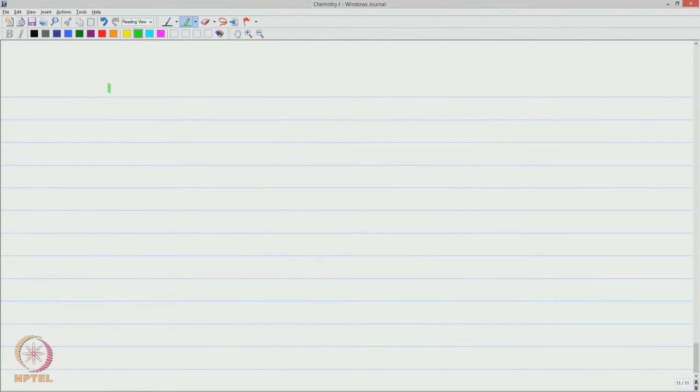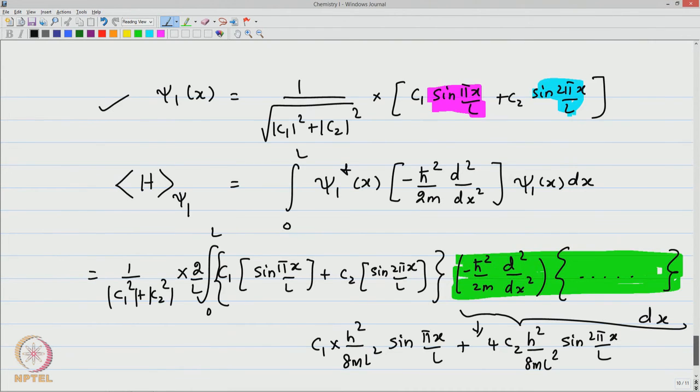Therefore, the expectation value E is now only given by this term multiplying this term, and you know that the wave functions are orthogonal. So, only the term sin squared pi x by L and sin squared 2 pi x by L would contribute to the overall integral. The cross terms will not contribute, the other things are constants.